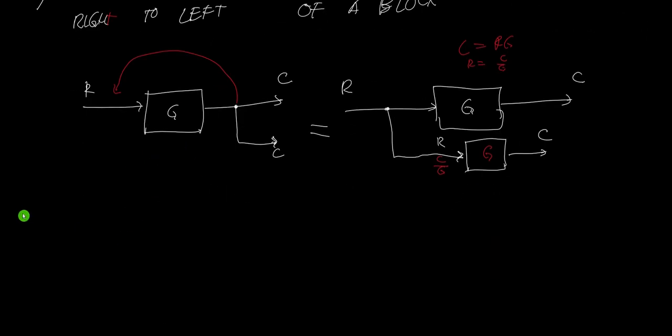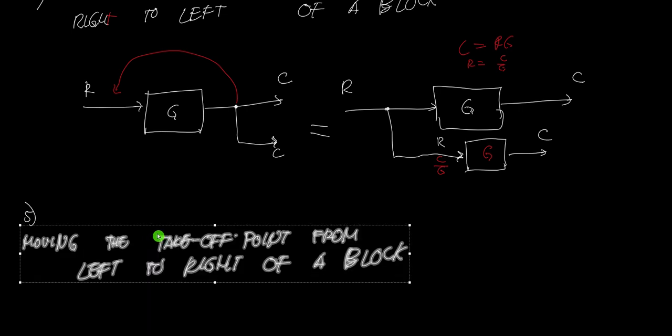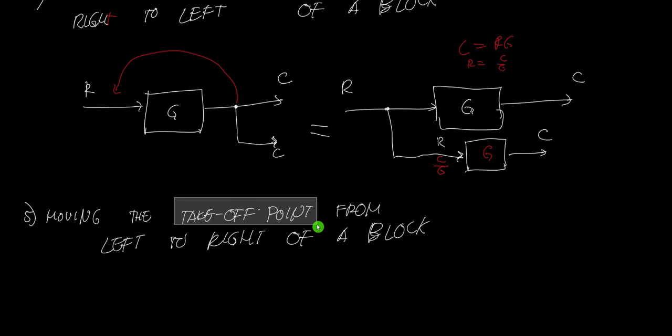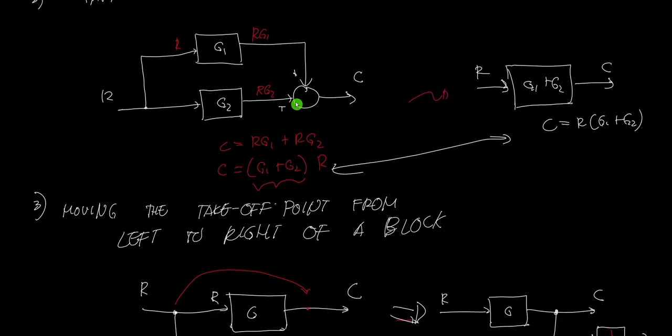So let's call it number 5. I just remove this and make it a summing point. You already know what a summing point is. That big circle here is a summing point. Some books use an X in that.